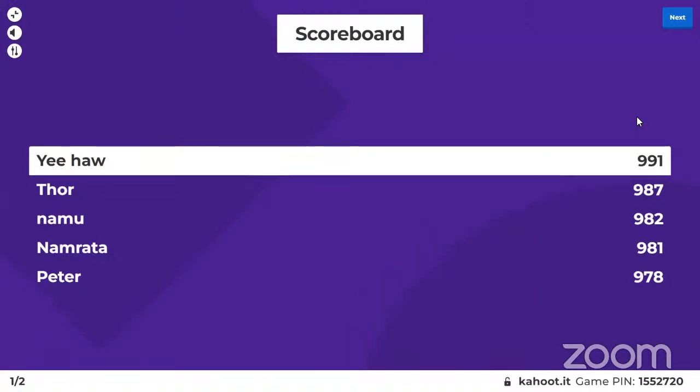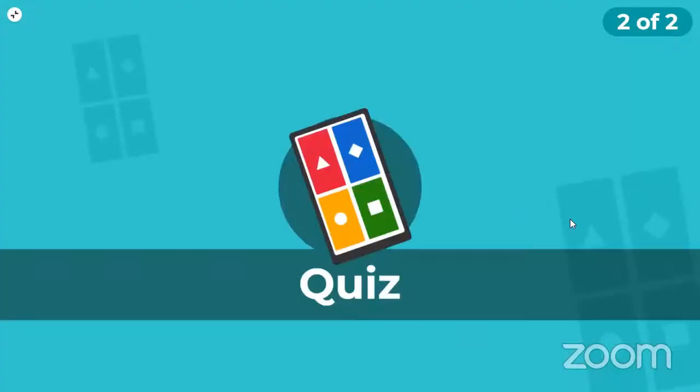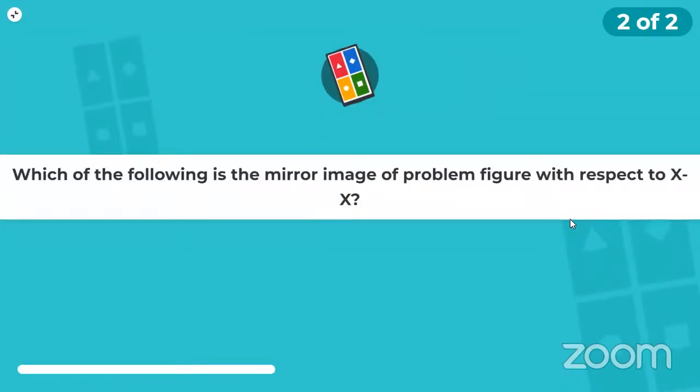Before that, there will be a scorecard in which you can see the top 5 players after this particular question, with their names and points. The points depend on the time, on how quick and how accurate you are, so based on that you can score the highest points. Let's move on to the second question. This demo quiz only consists of 2 questions.